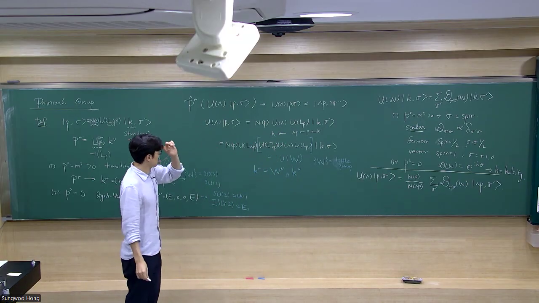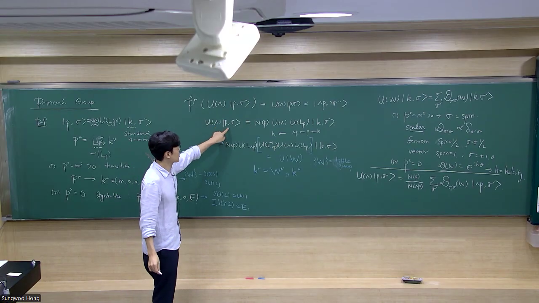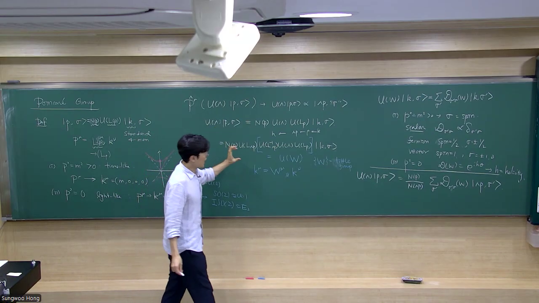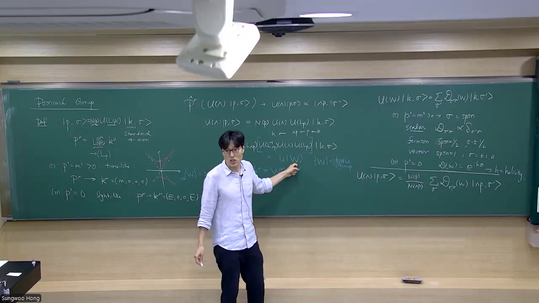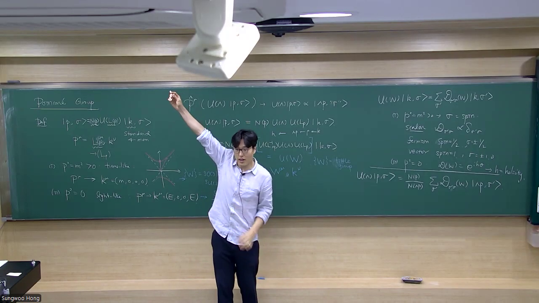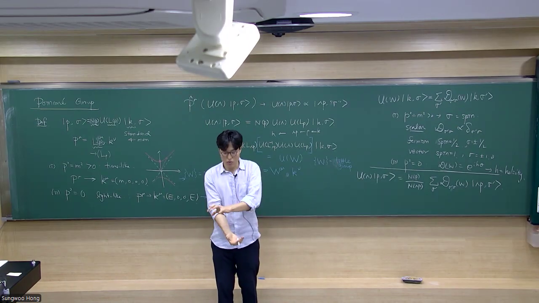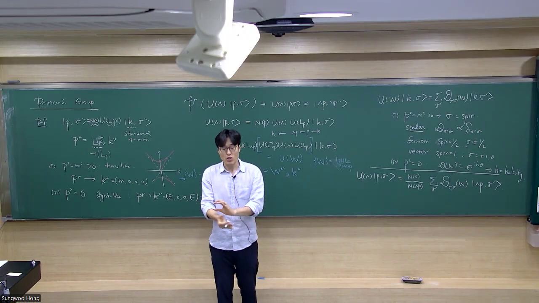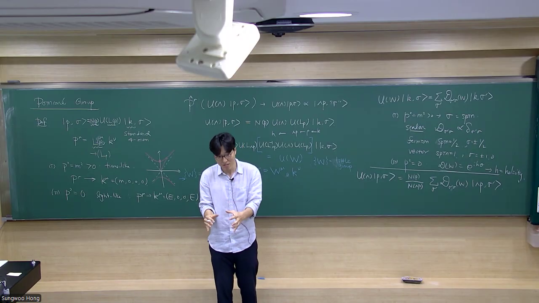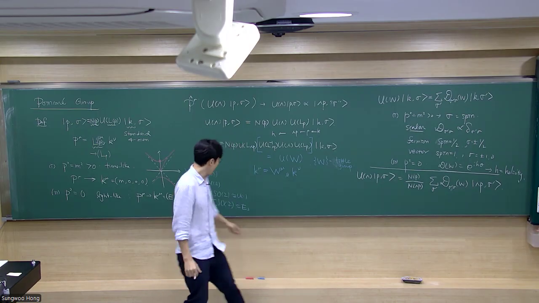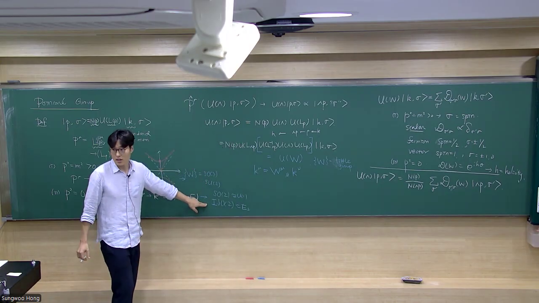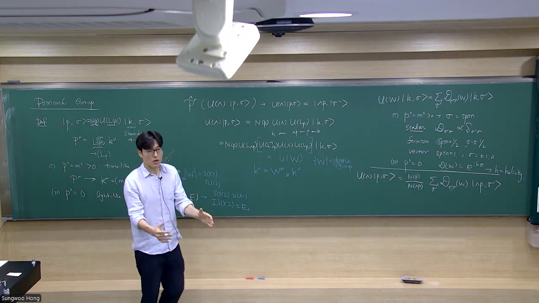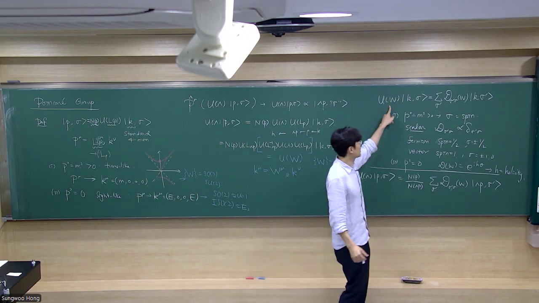However, this construction basically collapses the question of the representation story down to understanding the representation of this little group. So for any state, you can always boost back to the standard momentum k, and then you just need to worry about the set of transformations acting on k invariantly, known as the little group. And little groups are always compact. So the entire representation story collapses down to understanding the little group transformations.